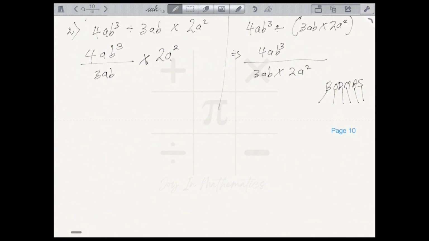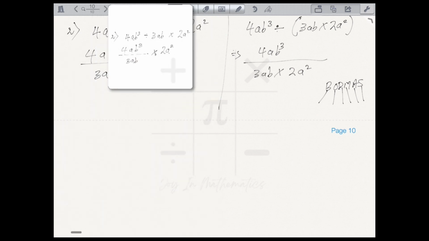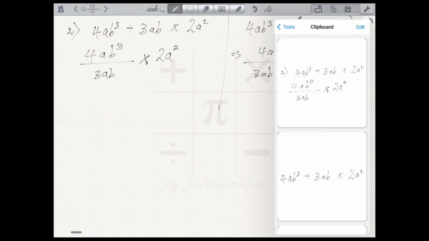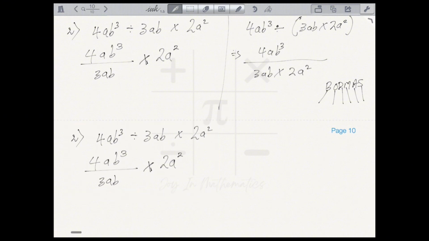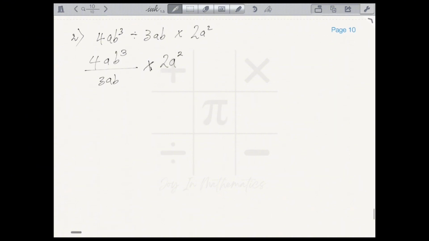So let's move on now. Let's copy this into a new page. And with this now, we have 4ab raised to power 3 divided by 3ab multiplied by 2a raised to power 2.